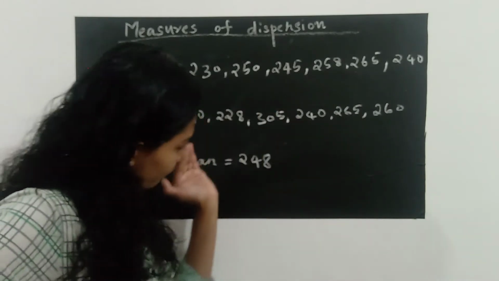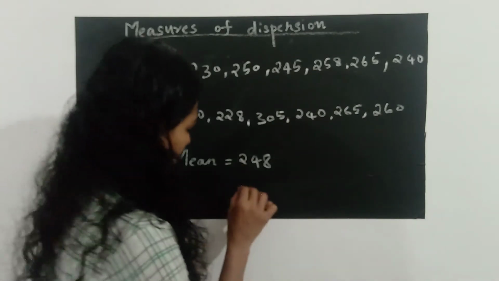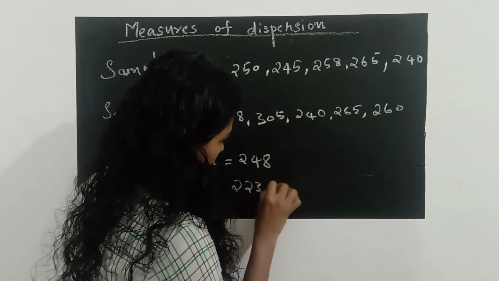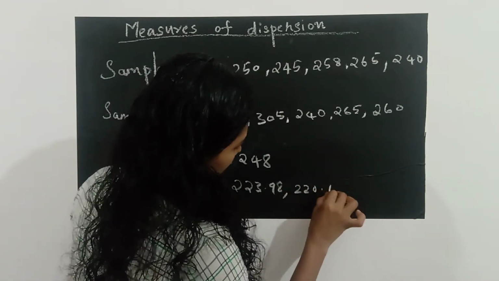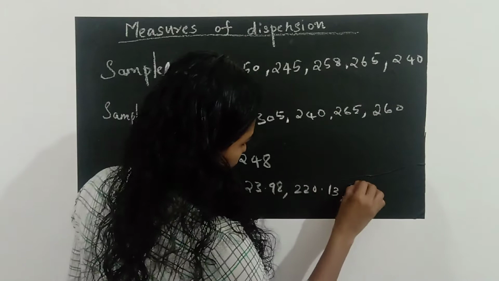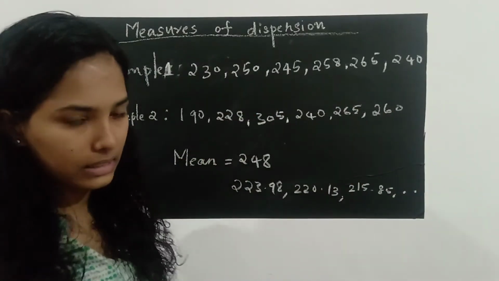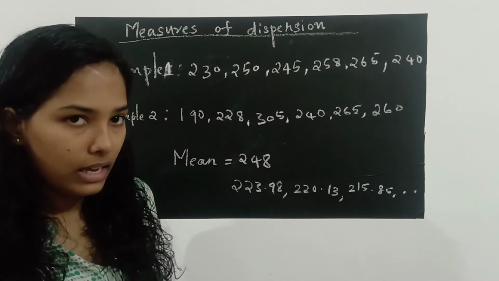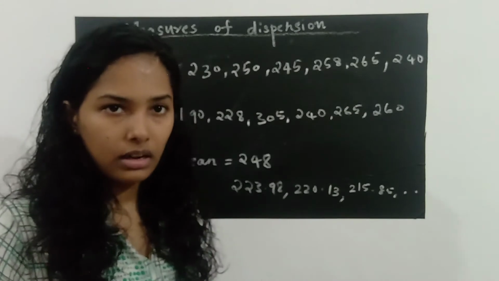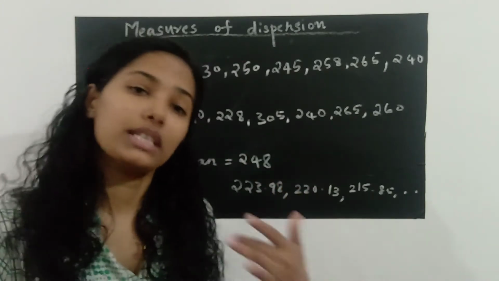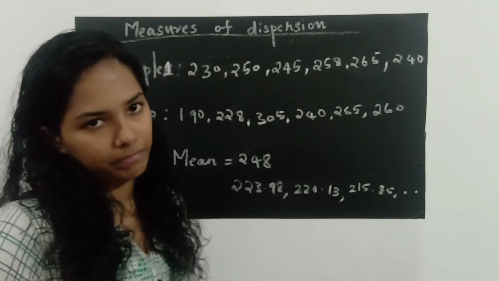If we list it, for example, 223.98 psi, then 220.13 psi, then 215.85, etc., although all these glass bottles are manufactured in the same company using the same machine, there are chances of variability.